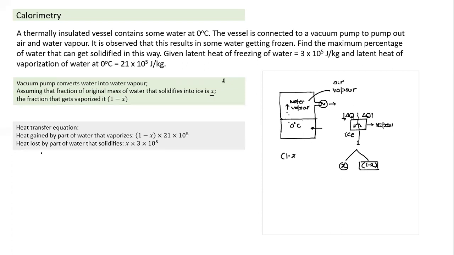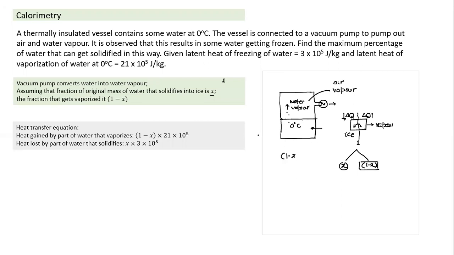This is the heat gain. Heat lost by the part of water that has solidified. It lost heat energy which made it solidify. So if x is the part, what is the energy it has lost? It has lost energy equal to the latent heat of freezing, 3 into 10 to the power 5, times x. I get the fraction which gets solidified.